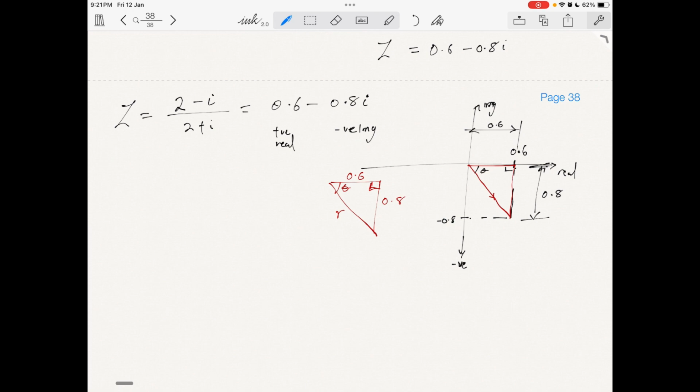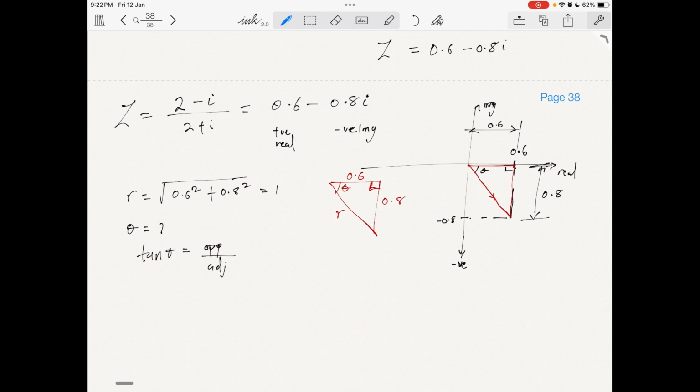Now, modulus r, according to Pythagoras theorem, will give us the square root of 0.6 squared plus 0.8 squared, and the square root of 0.6 squared plus 0.8 squared is equal to 1. And we can evaluate our theta using tan theta is equal to opposite over adjacent.